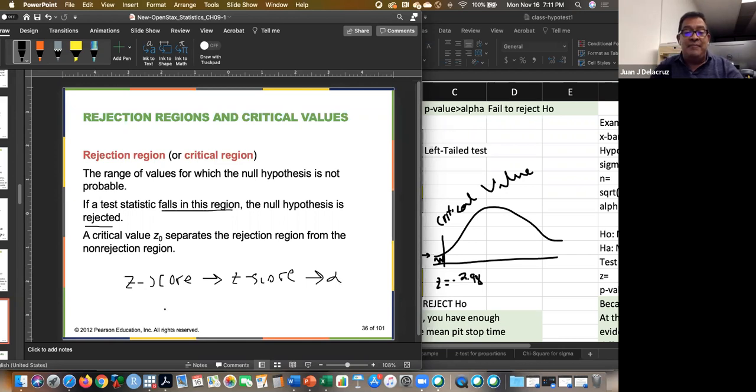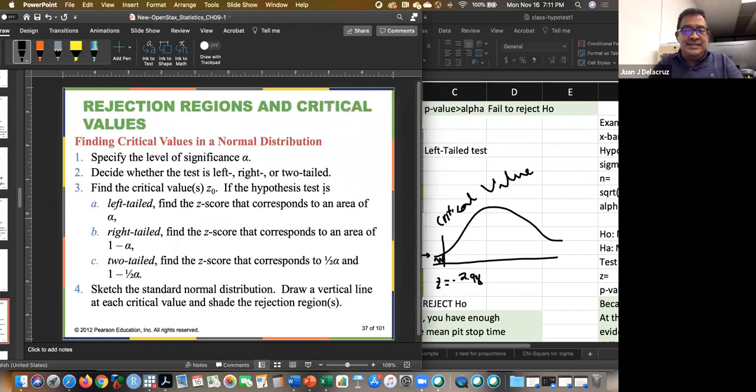So I'm gonna compare the z-score that comes from my data with the one that comes from the level of significance. The rule says if the z-score from the data falls inside the rejection region, we are gonna reject H0. If it falls outside of the rejection region, we are gonna fail to reject, okay? So that's what we are looking at here.